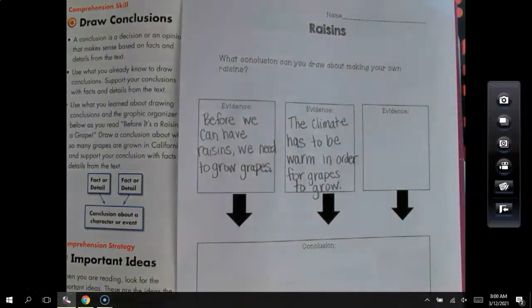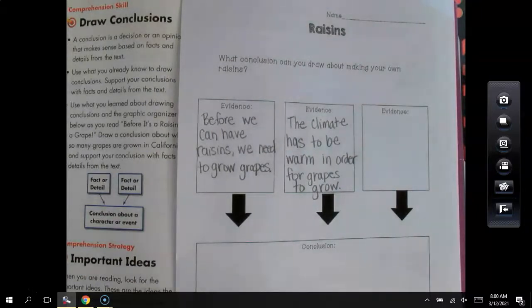That's important information because if the weather is snowy and extremely cold, do you think that we're going to be able to grow grapes and eventually make our raisins? No, we're not going to be able to.